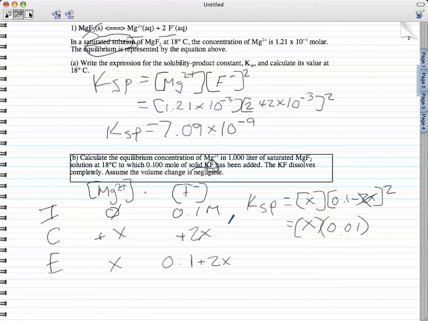Okay, and if our KSP is 7.09 times 10 to the negative 9th, to find out what our X is, divide both sides by 0.01.